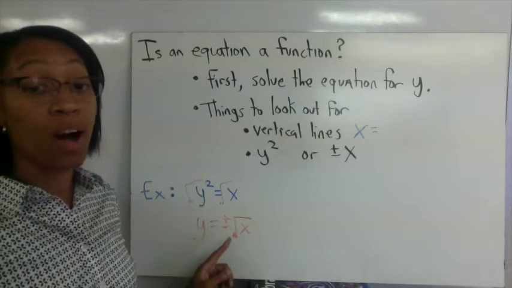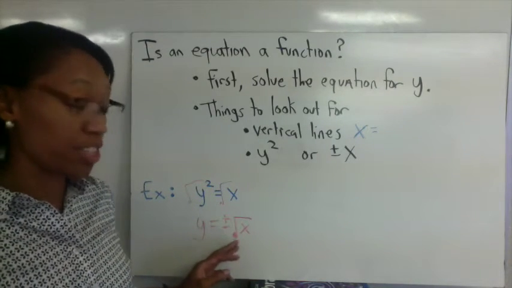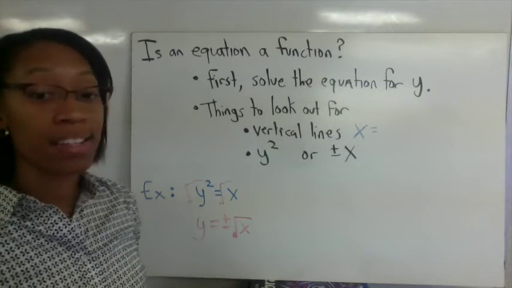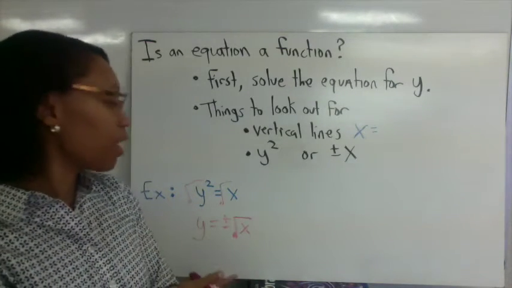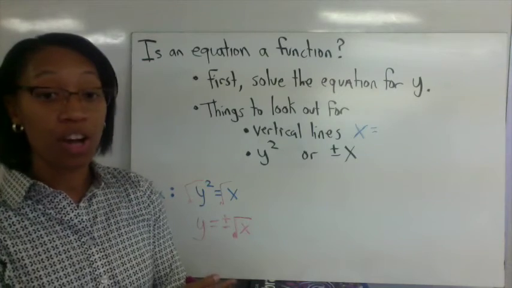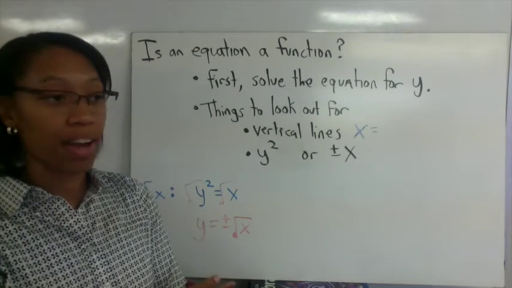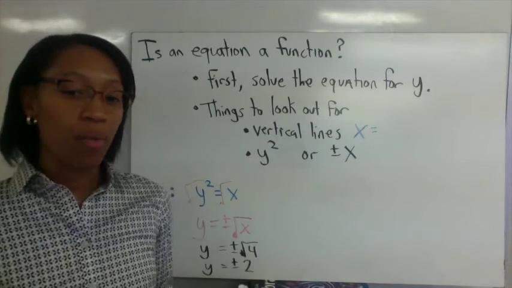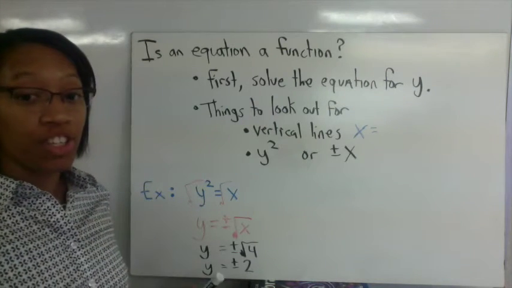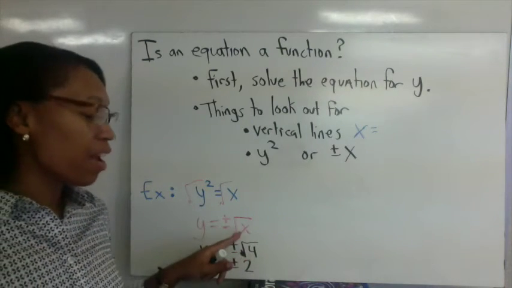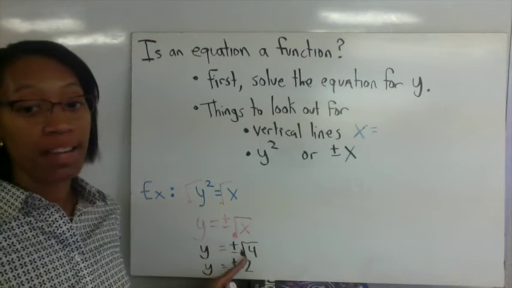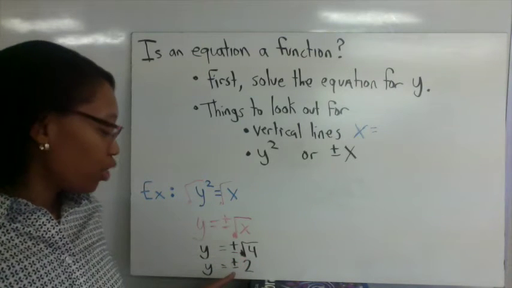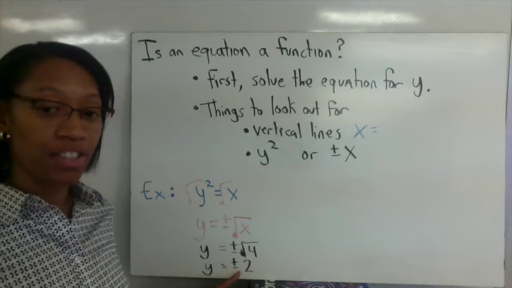Let's examine why. The reason it's not a function is because there are many values of x that you can plug in that would give you two different y values. What do you get when you plug in 4 into this function? Well, when I plug in 4, I have y equals plus or minus the square root of 4, which is plus or minus 2.